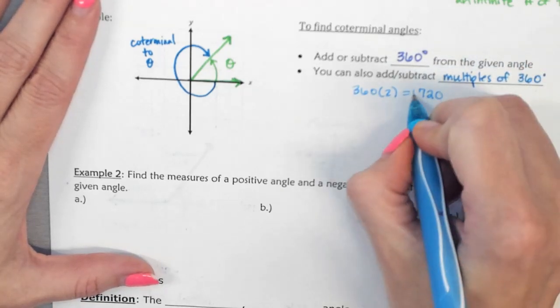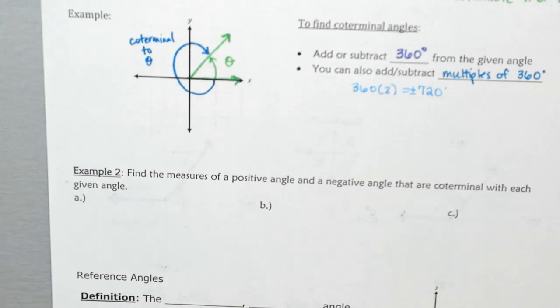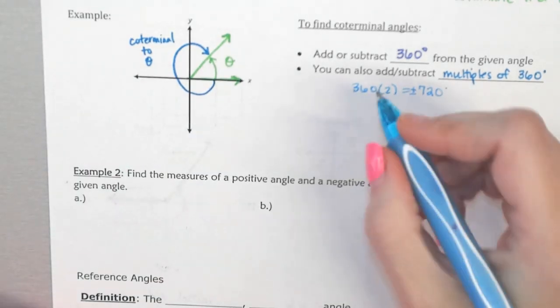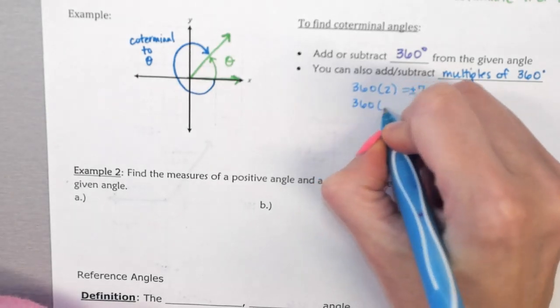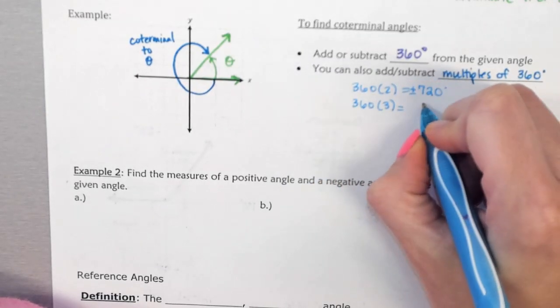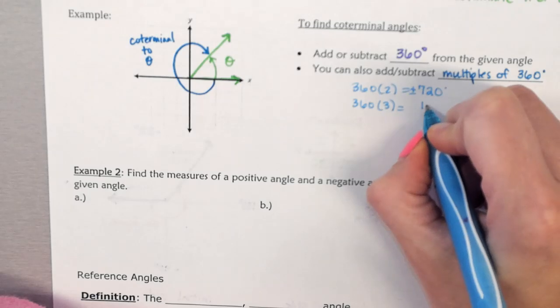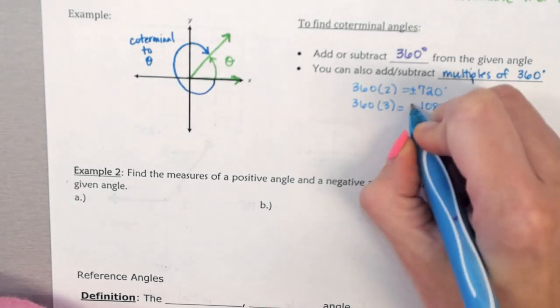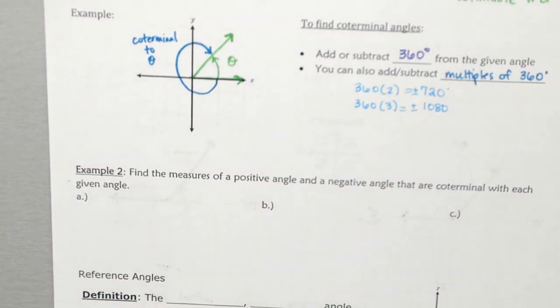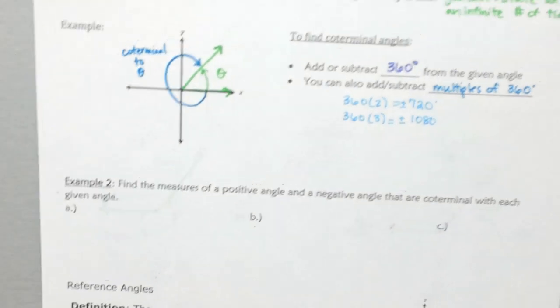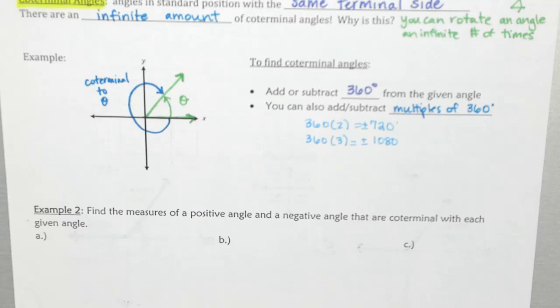So you could also add or subtract 720 degrees. You could add or subtract 360 times 3, which is 1080, right off the bat.